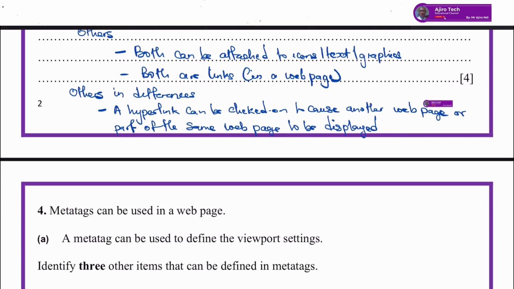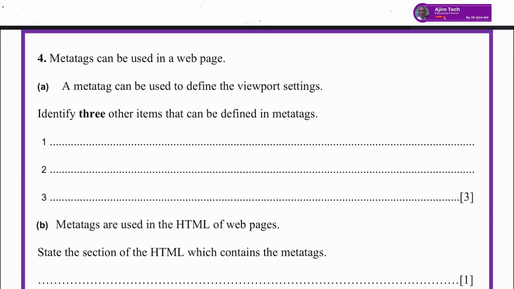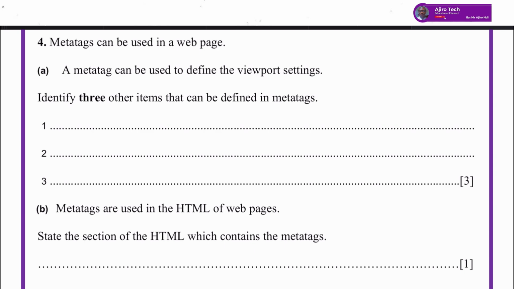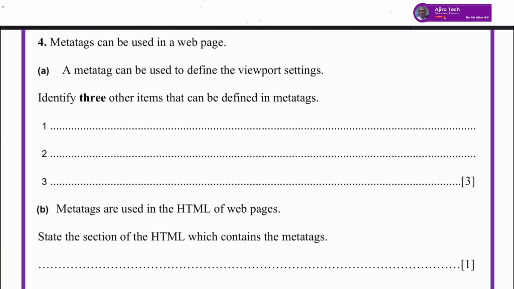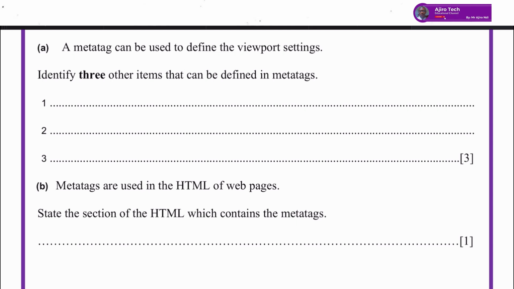A meta tag can be used in a web page. A meta tag can be used to define the viewport settings. Identify three other items that can be defined in the meta tag. So we have here the name attributes.